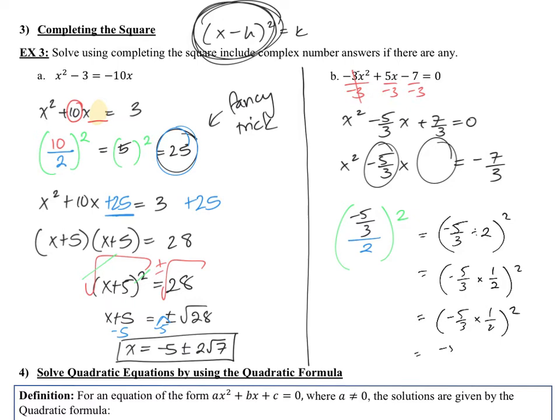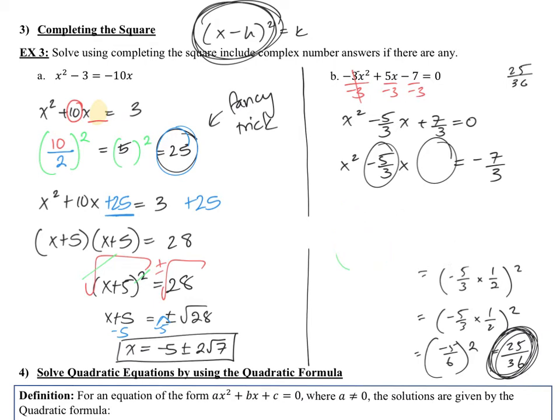Then we square it: negative 5 over 6 squared is going to be 25 over 36. That right there, my friends, is the perfect number. Okay, so let me write that down on the side. You wouldn't have to do all this work out. If you could do this part in your head, that would be perfectly fine. Okay, 25 over 36.